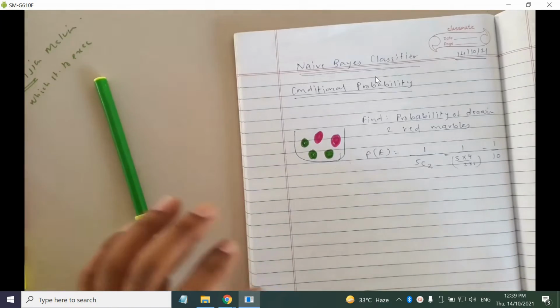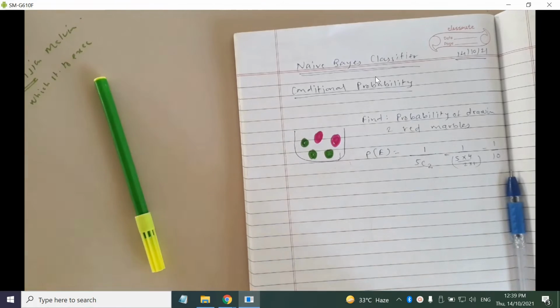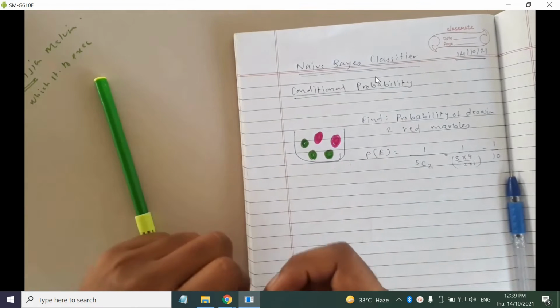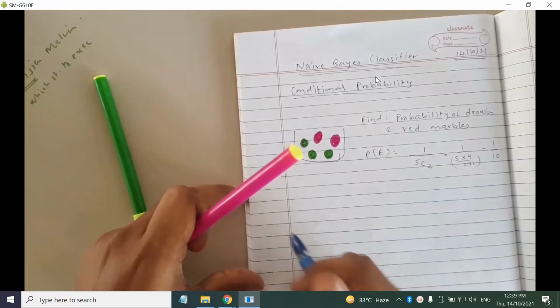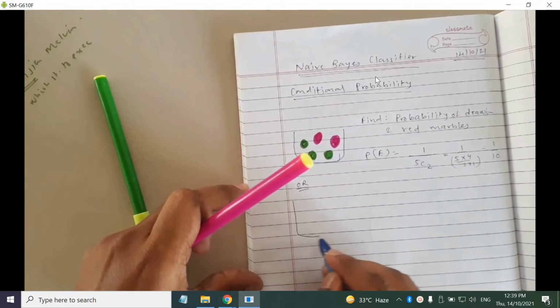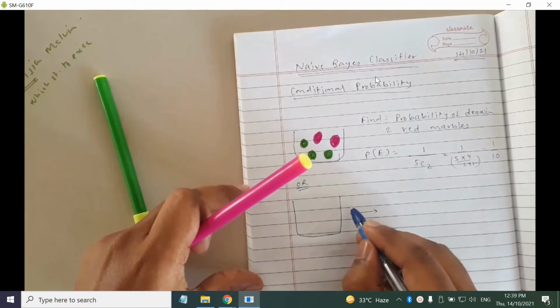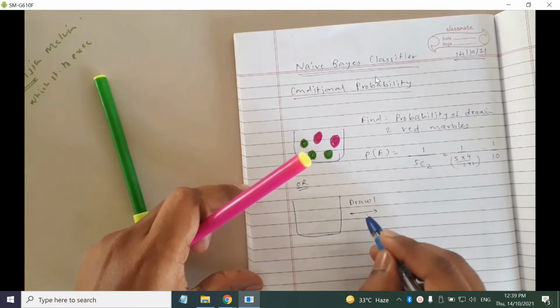Another approach is we'll split this event into 2 events. First we'll be drawing one marble. So we have the container with 5 marbles, 2 red and 3 green, and we draw one red marble.